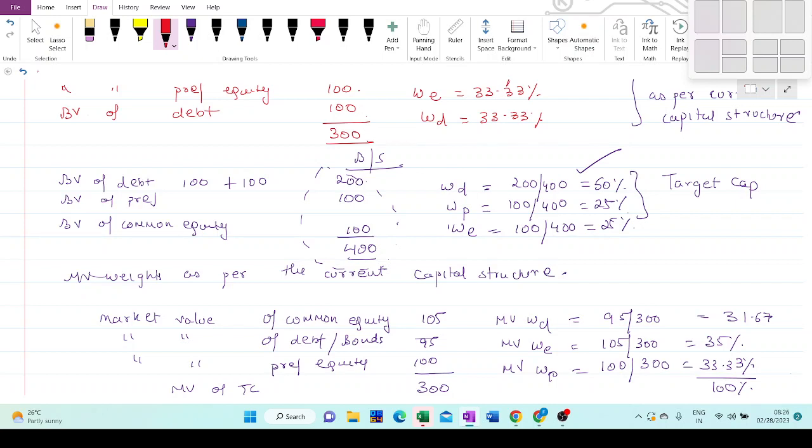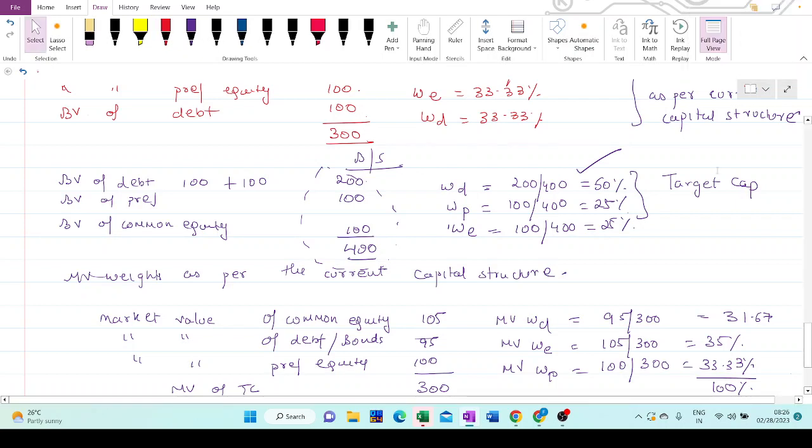So guys, please write this down. Please write these three sentences down. This is very important. We do not use the book value weights of debt, equity, and preferred equity as per the current capital structure of the company to calculate WACC.